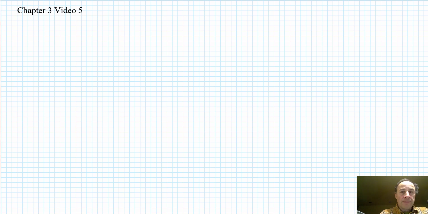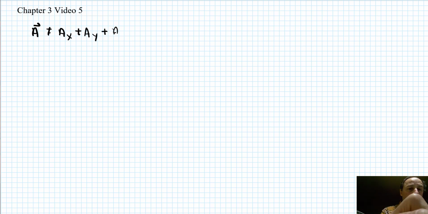In video 4, we left off with saying that the vector A is not exactly equal to the components as expressed as scalars. We needed something. This is a not equals.